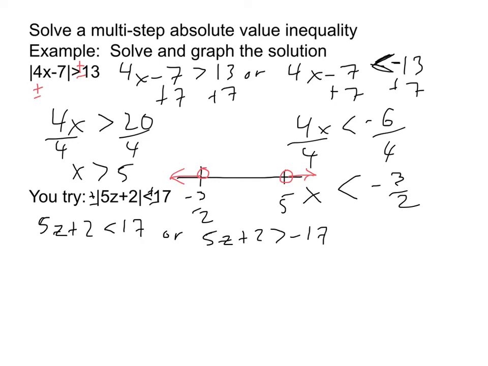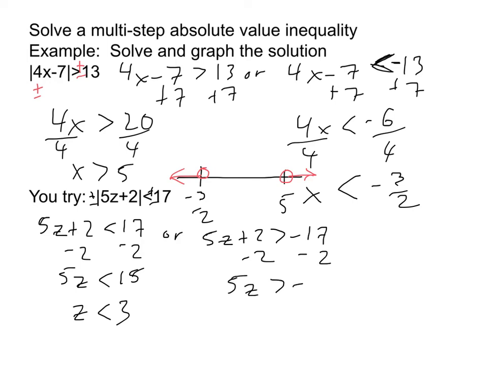When you solve these, subtract 2, 5z is less than 15, so z is less than 3. Subtract 2, 5z is greater than negative 19. Divide by 5, z is greater than negative 19 fifths.